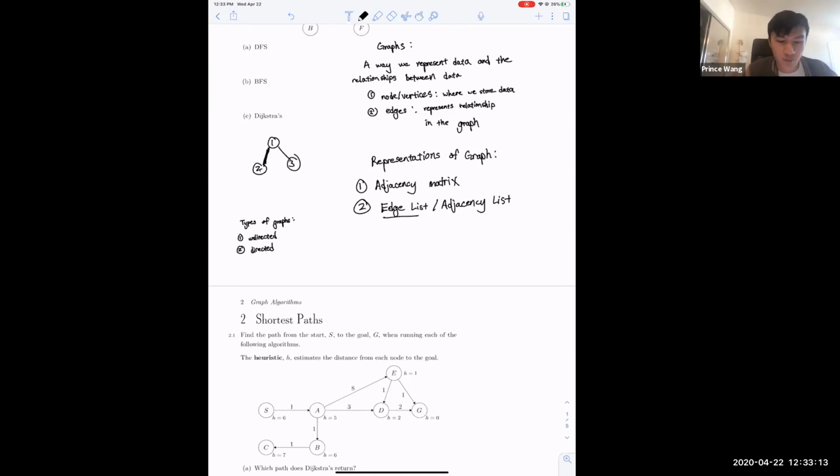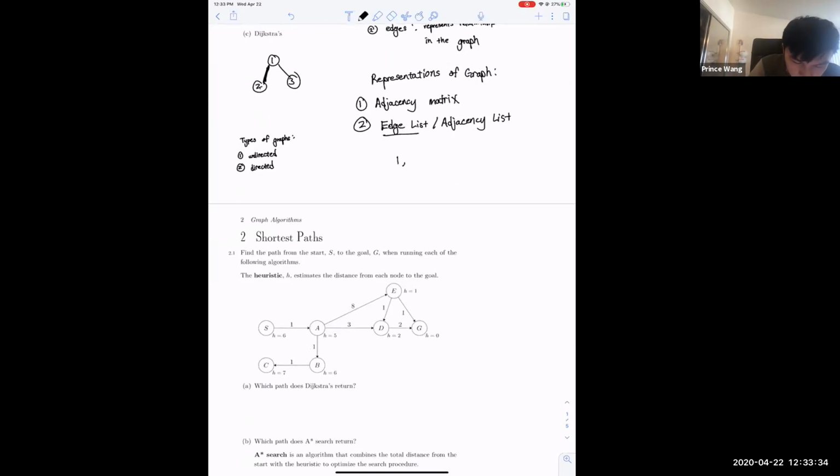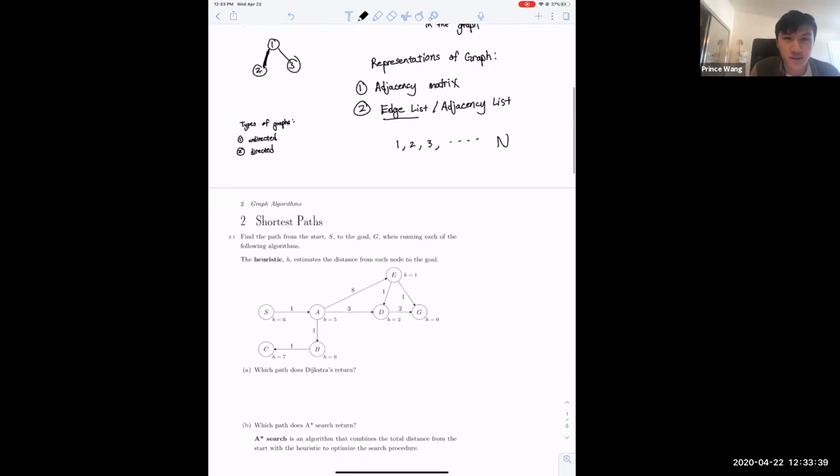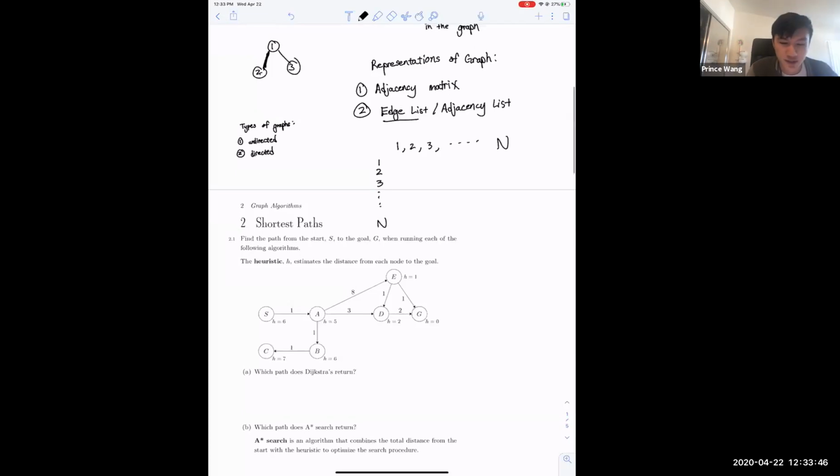So remember in the matrix, whether an edge exists or not, we still have to write them out, right? So we're essentially writing out all the possible edges in a graph. What I mean by that is, if you have 1, 2, 3, all the way to n vertices, then what's the size of your adjacency matrix?